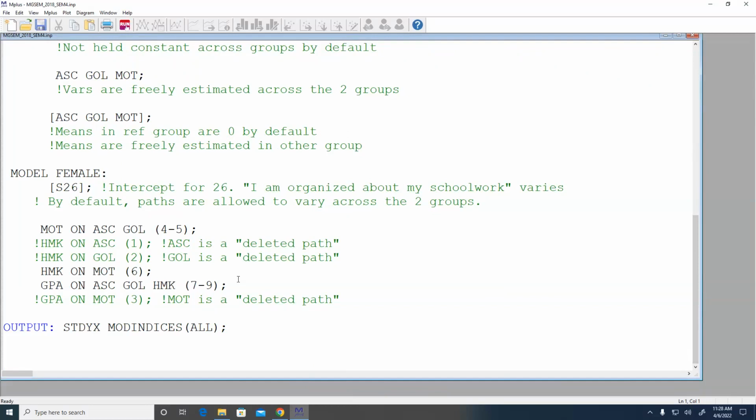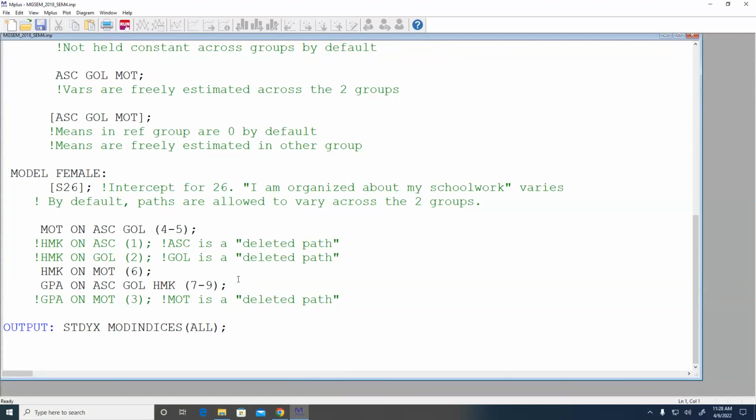So if I put this line here and I didn't put that 4-5 there, so again, this is where you just kind of have to remember, I'm sorry. Trust me, there are worse programs to do this stuff in. Amos is even more of a bear on multiple group stuff, believe it or not.